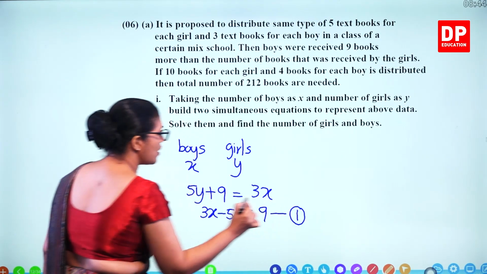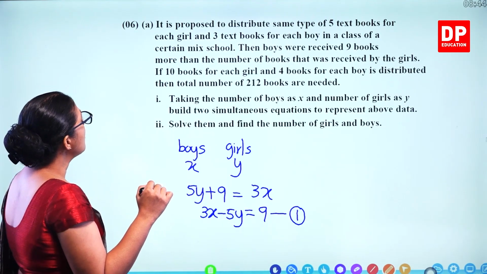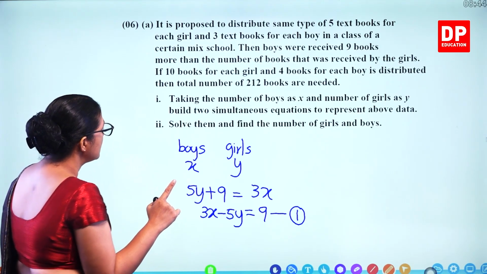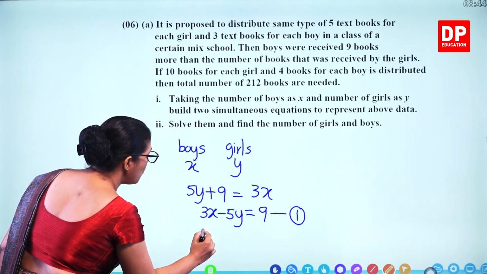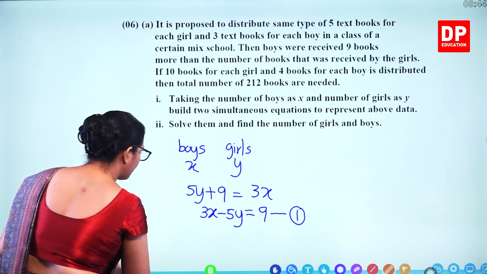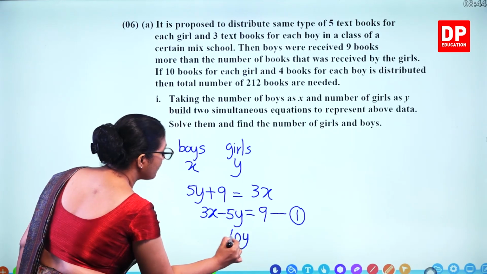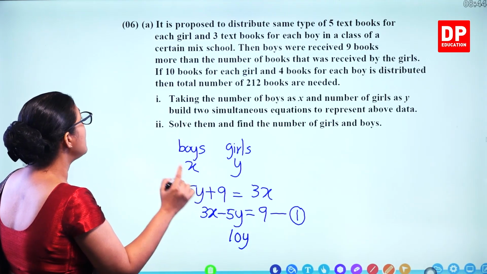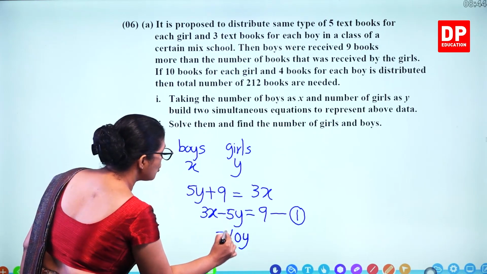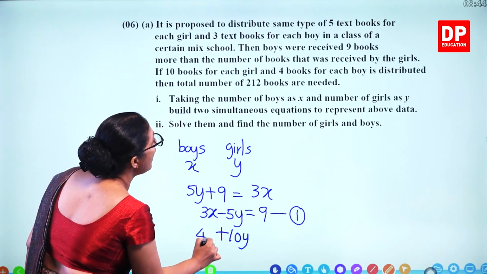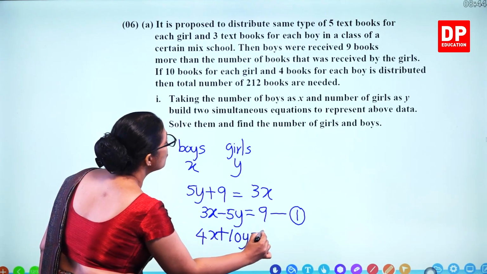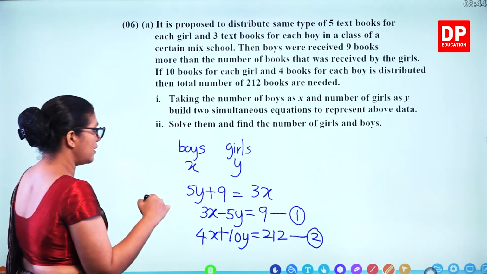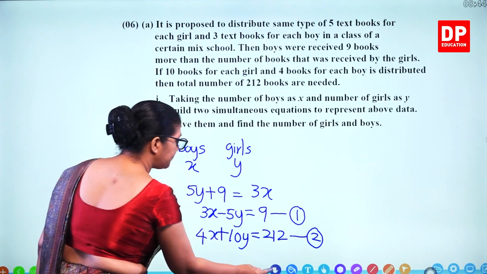That's my first equation. Then the second equation, it says if 10 books for each girl, 10y, and 4 books for each boy are distributed, then the total, that means addition of this, 4x, is equal to 212. That's our second equation. So we need to solve this.